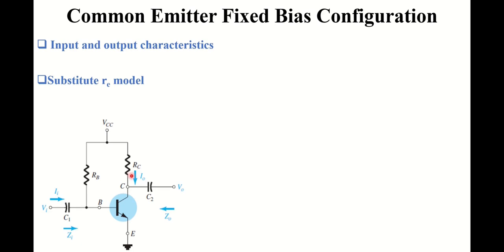Here you must observe that the input current Ii is not the base current Ib, but it is the source current, while the output current Io is equal to the collector current.